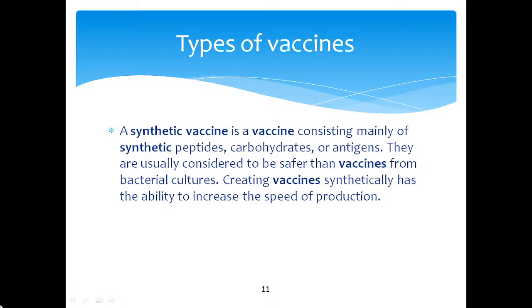Synthetic vaccine is a vaccine consisting mainly of synthetic peptides, carbohydrates or antigens. They are usually considered to be safer than vaccines from bacterial culture. Vaccines created synthetically have the ability to increase the speed of production.